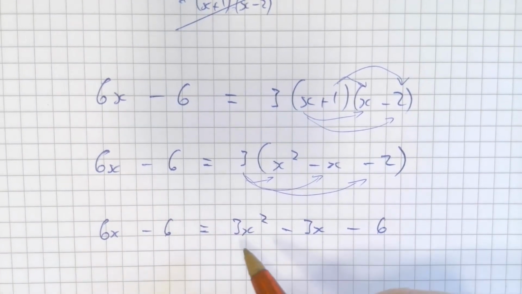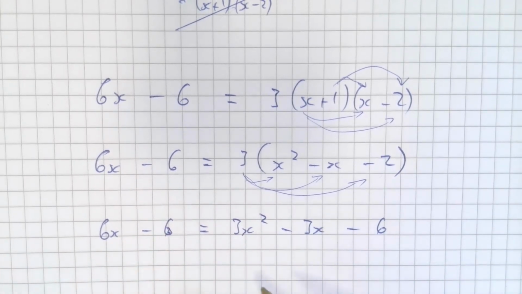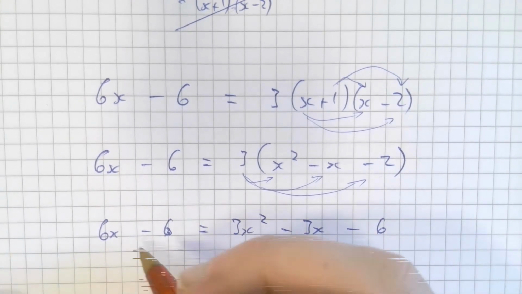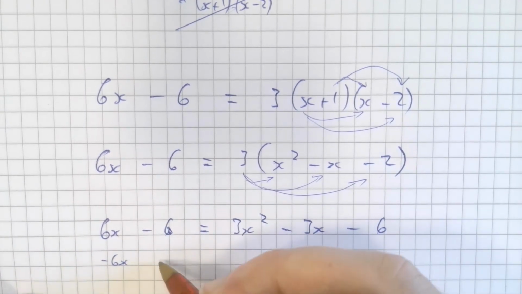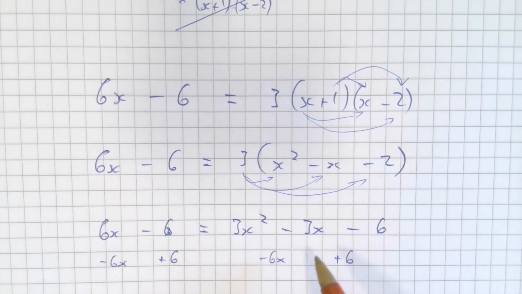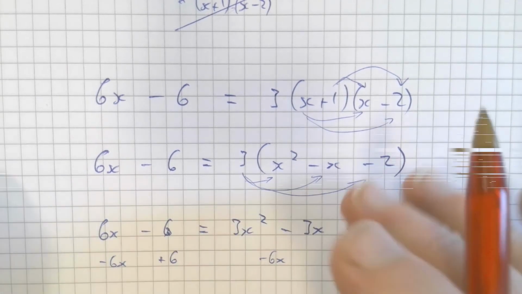And we have a quadratic equation here. So we can get to solving this by making it equal to 0. If we take away 6x from both sides, and add 6 to both sides, we end up with 0 on one side.